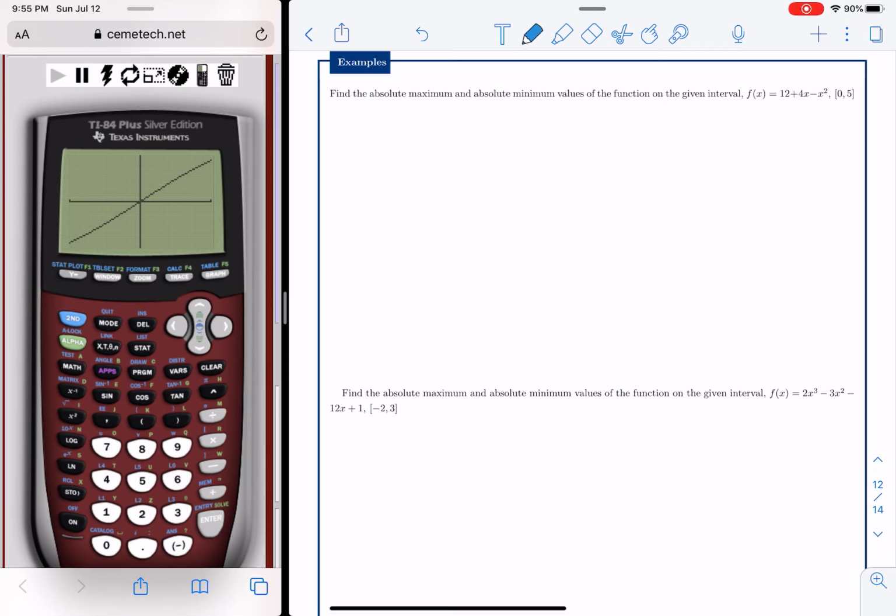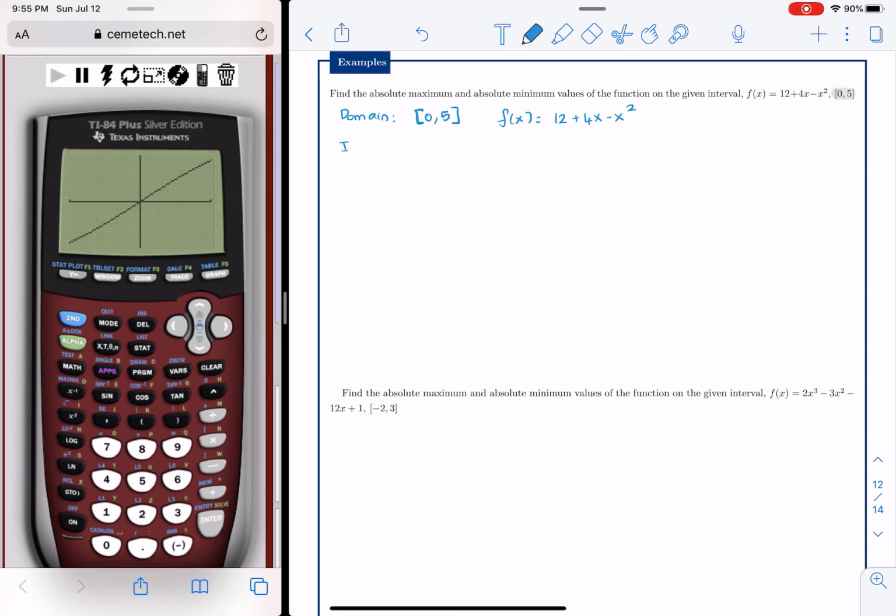So in order to find the absolute maximum and absolute minimum, what we're going to do is we have an interval which is 0 to 5. So the domain of f of x is 0 to 5, and f of x is 12 plus 4x minus x squared.